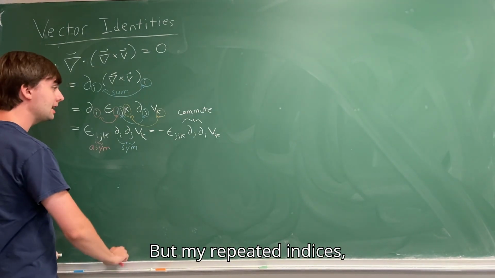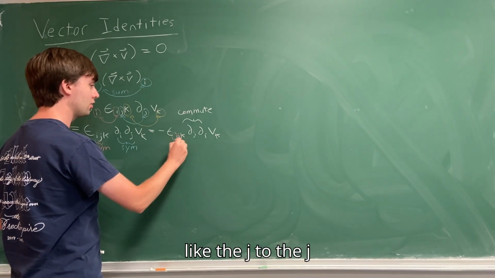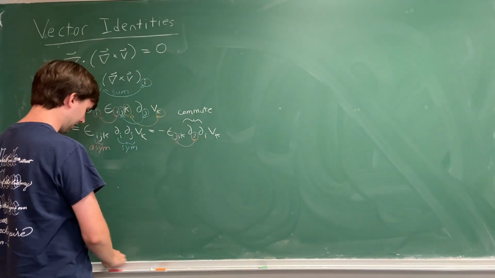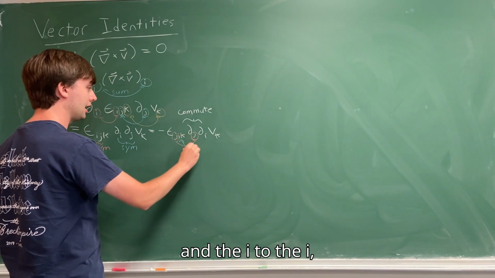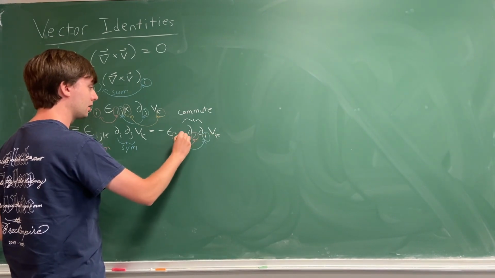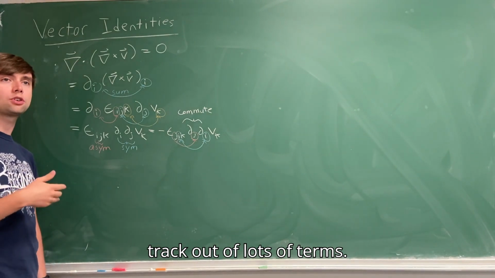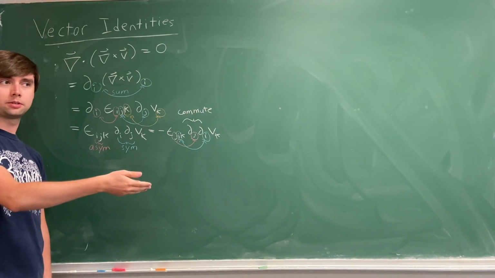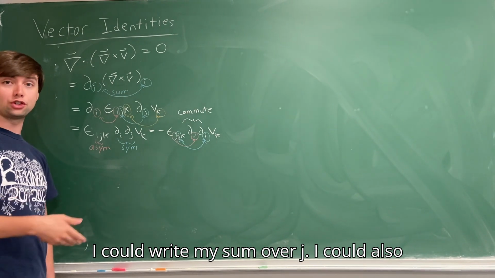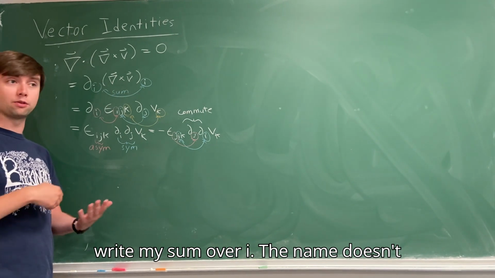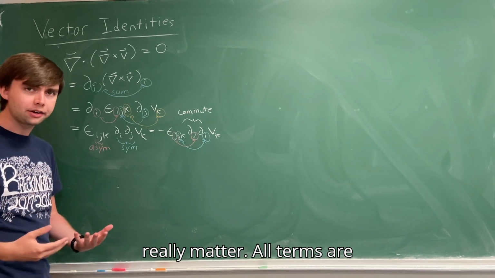But my repeated indices, like the j to the j and the i to the i, this index is just a way for me to keep track of lots of terms. I could write my sum over j. I could also write my sum over i. The name doesn't really matter.